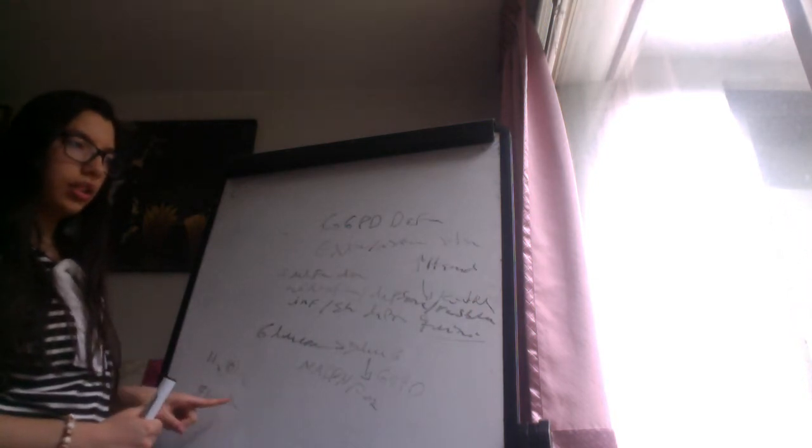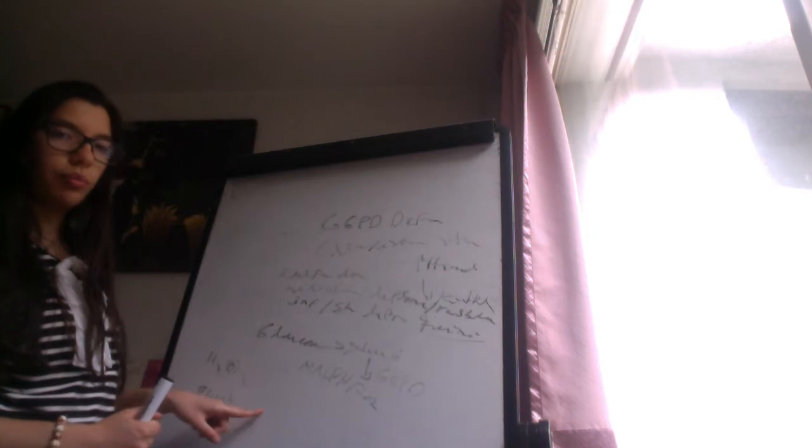So we have the molecule glutathione. Glutathione is glycine, cysteine, and gamma-glutamyl cysteine glycine. This is in the reduced form.